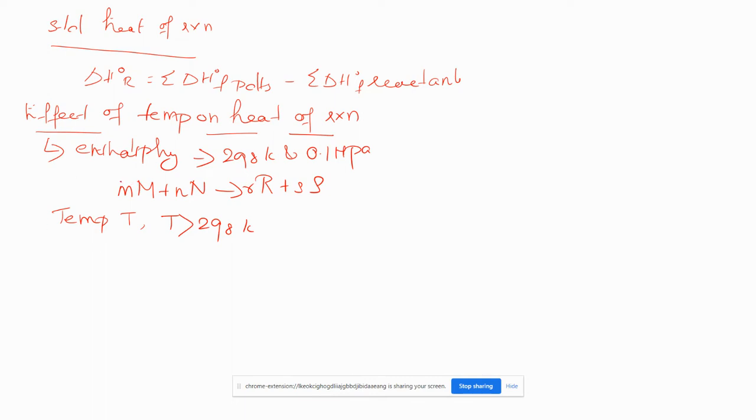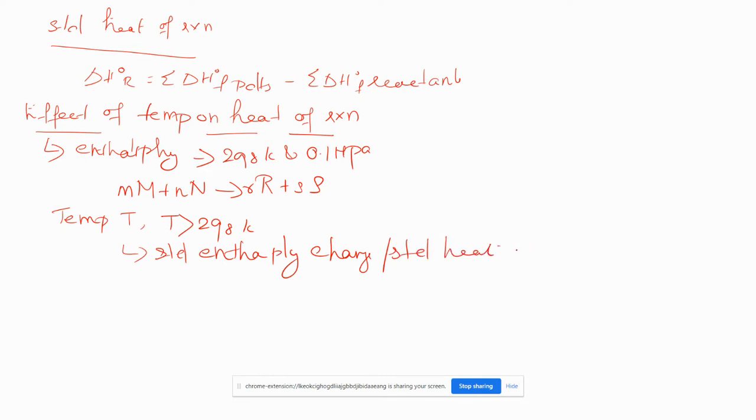Now we have to develop a relation so that we can find the standard enthalpy change, otherwise called the standard heat of reaction.